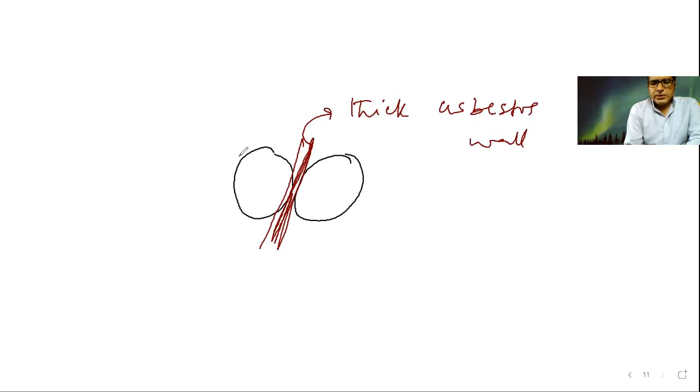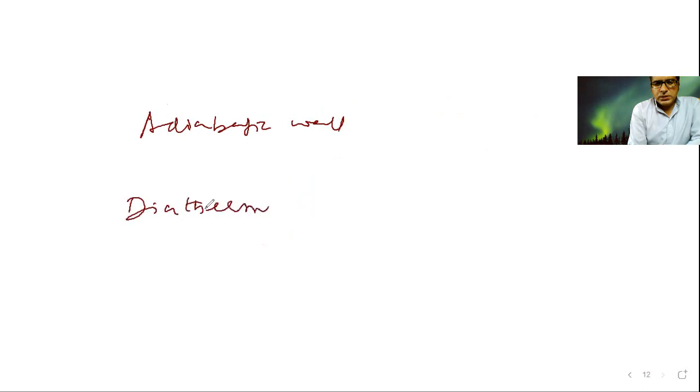The temperatures of the systems T1 and T2 will stay constant. Macroscopic variables will not change. This way, we define two types of ideal separations. One is adiabatic wall. Second is diathermic wall.